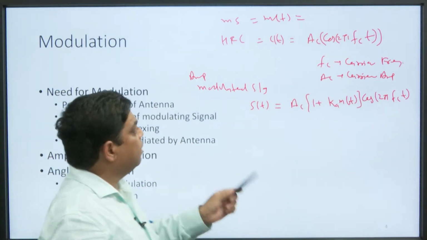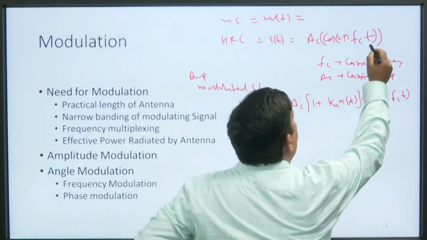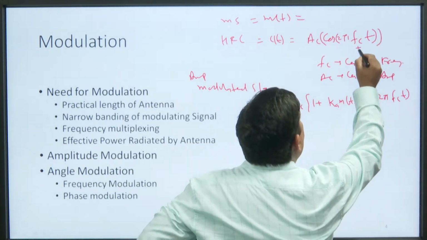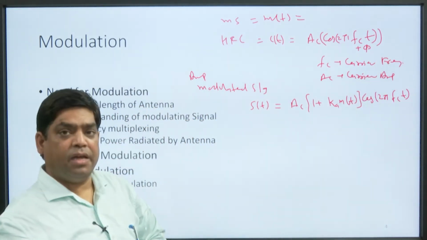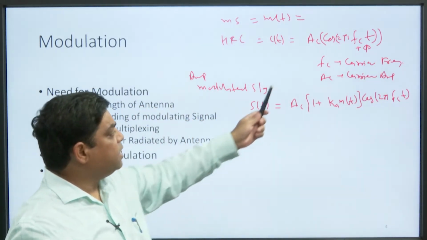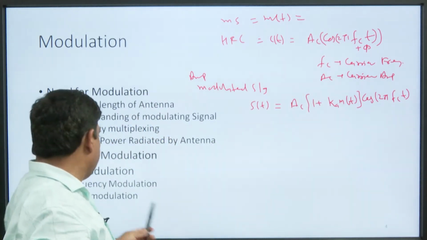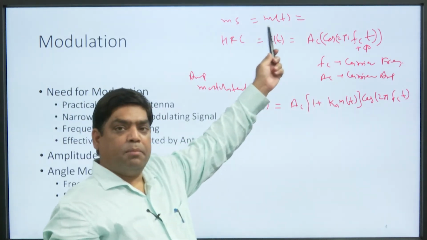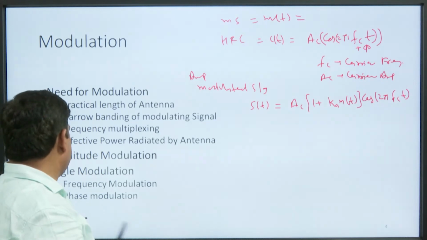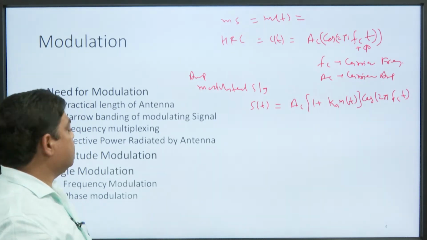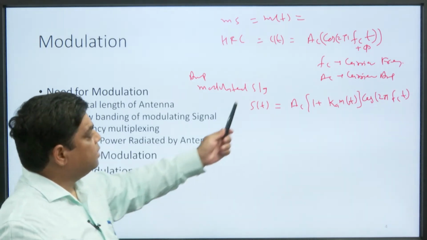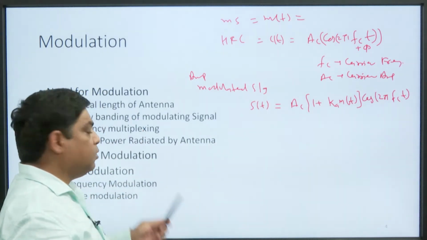When there is one part, that is the phase, cos(2 pi fc t + phi), if you are changing phase value of the carrier as per the amplitude of the modulating signal, it becomes a phase modulation. These two are termed as angle modulation, and when you are changing amplitude, then it is amplitude modulation.